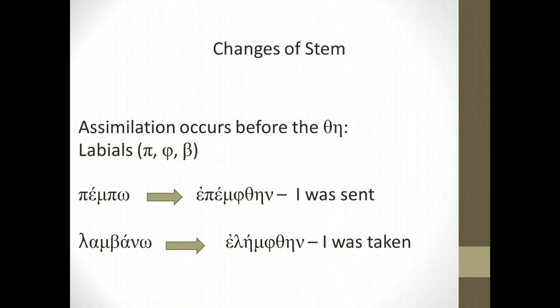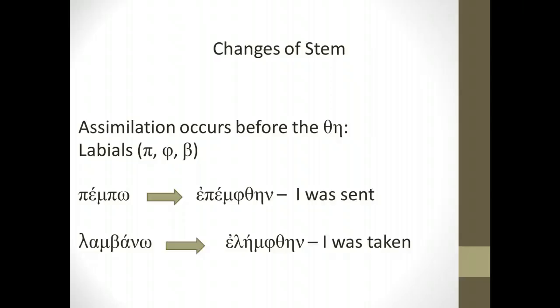Pempo, when we put it in the aorist passive, becomes epemphthēn, I was sent. All that's happened is that the pi has now reverted to a phi because the theta, the aspirate sound, has basically influenced the pi, and it would be a little more difficult to say epempthēn. So it's easier in Greek just to say epemphthēn.